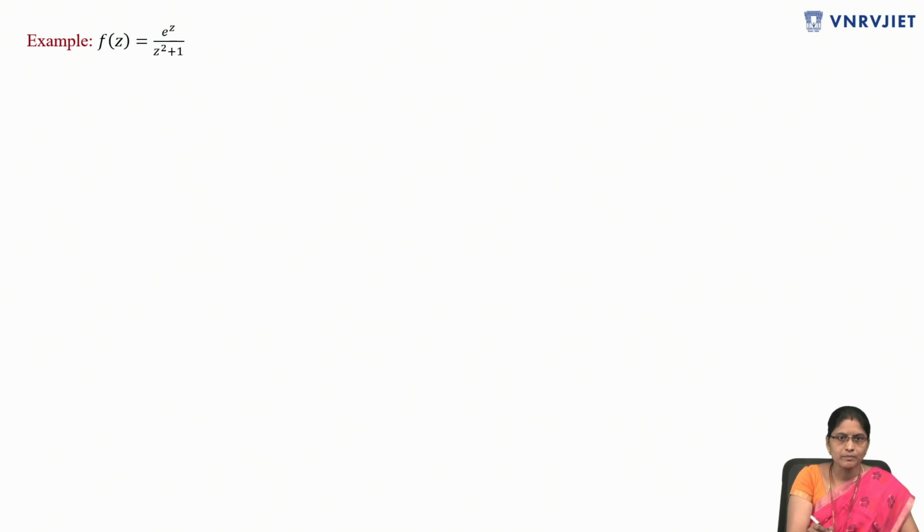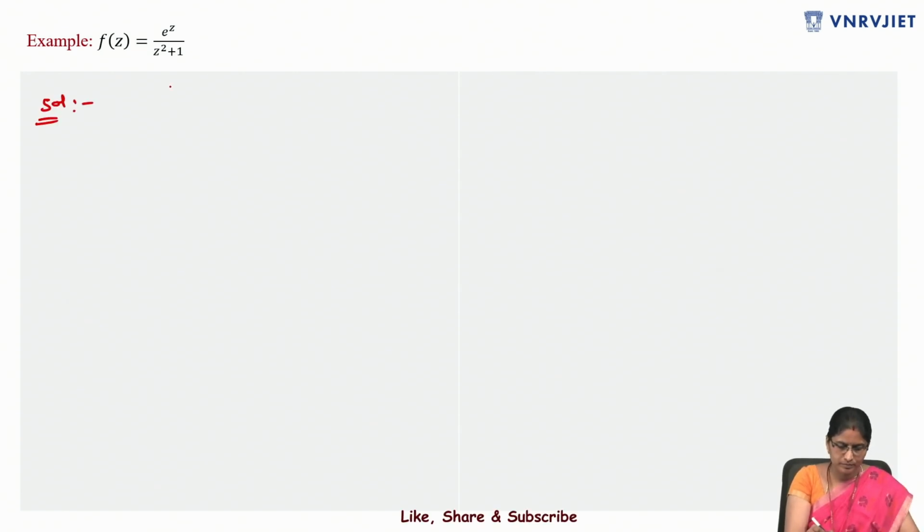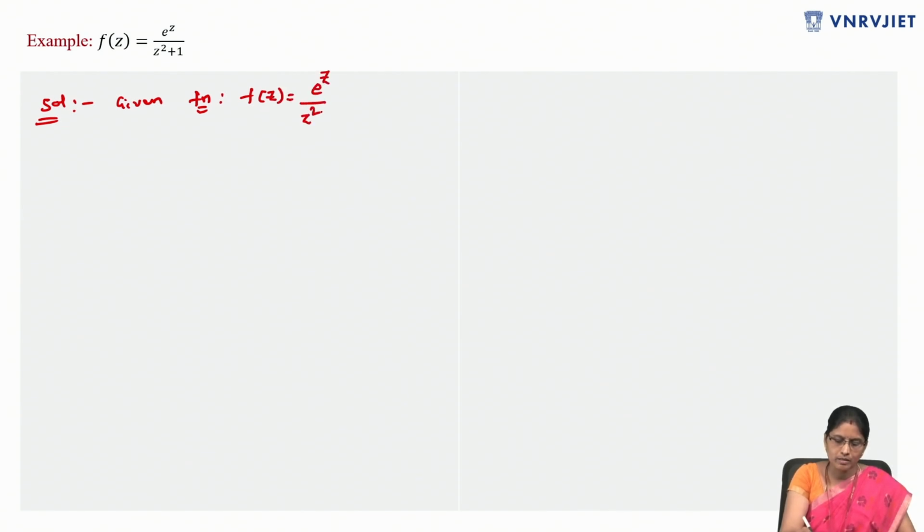See another example. Here also we have to find the isolated singularity for the given function f of z equal to e power z by z square plus 1. First we note down the given function: f of z equal to e power z by z square plus 1. In the denominator, z square plus 1 is there.